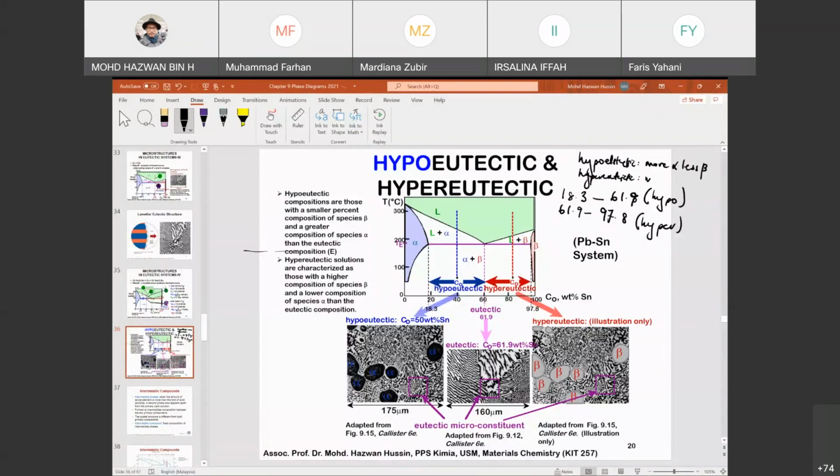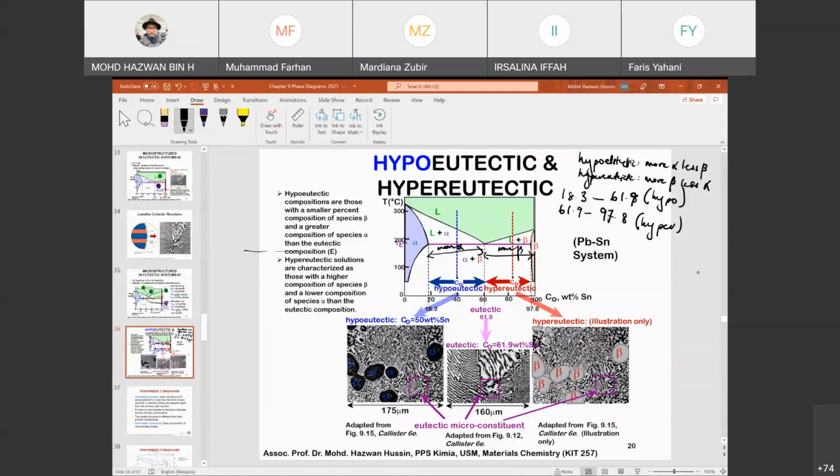Hypereutectic means you have more beta, less alpha, because we are looking at this region. In this region you have more alpha grains, because it is near to alpha. For hypereutectic, you have more beta because it is closer to beta.